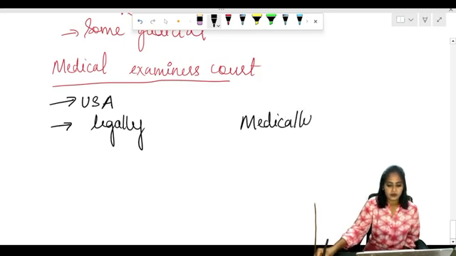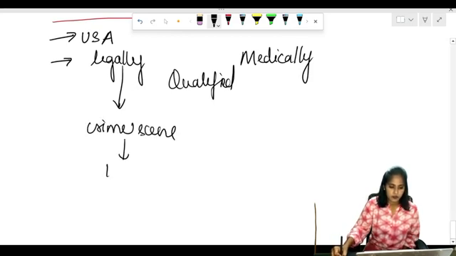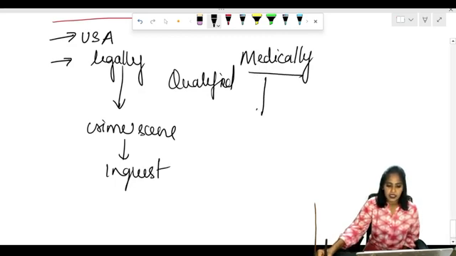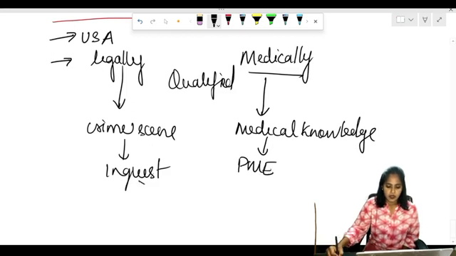Since he is legally qualified, he goes to the crime scene and conducts an inquest. Since he is medically qualified, he applies his medical knowledge and conducts a PME. So job done.